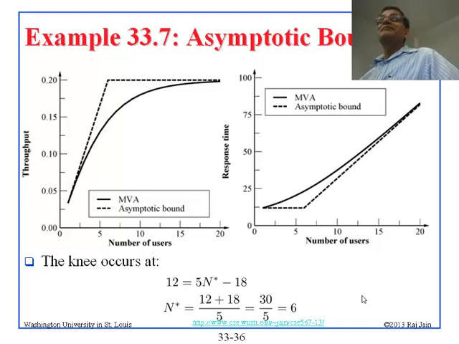Remember, in the bounds, we didn't make any assumptions, right? But if you make the exponential assumption, which is actually approximate to begin with, so this so-called exact solution would be approximate. But that is what academics and the reviewers want to see.